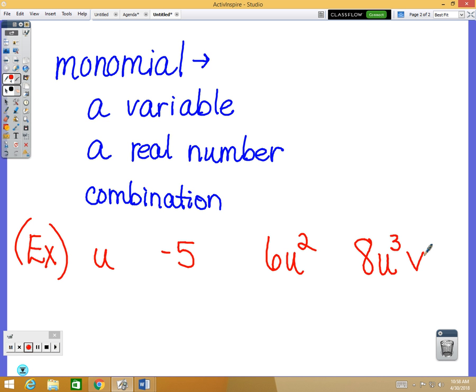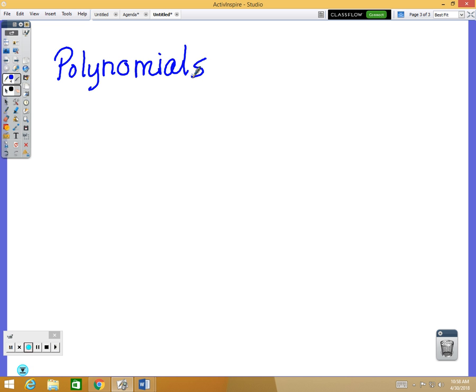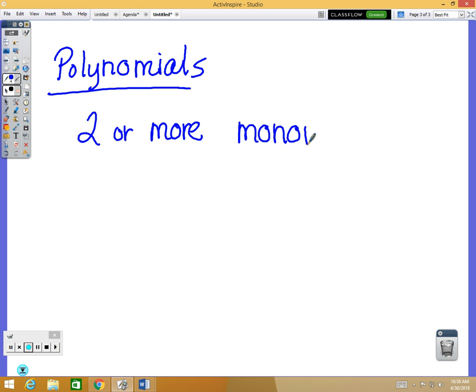So a polynomial would be two or more of these monomials added together. Okay? So again, a polynomial is two or more monomials added together.